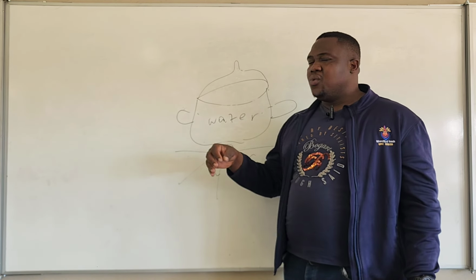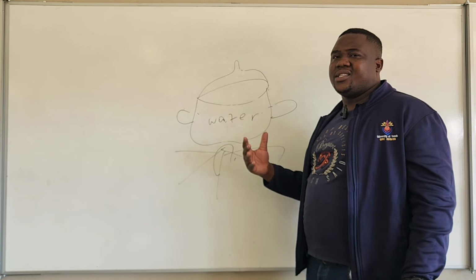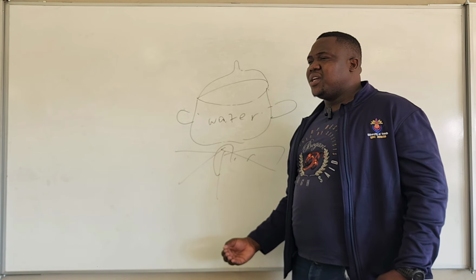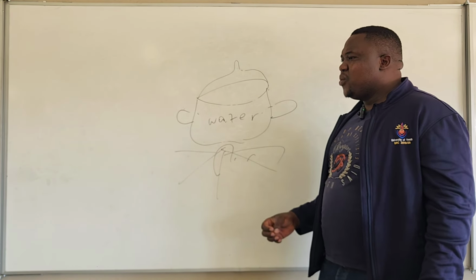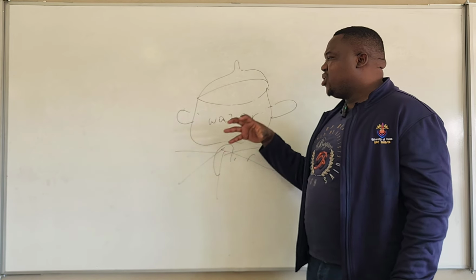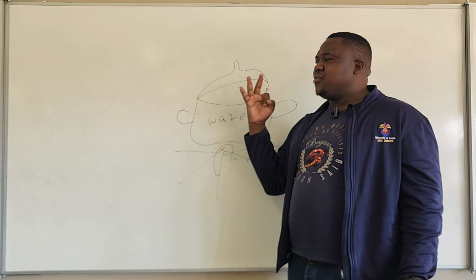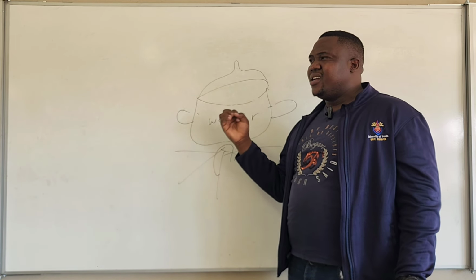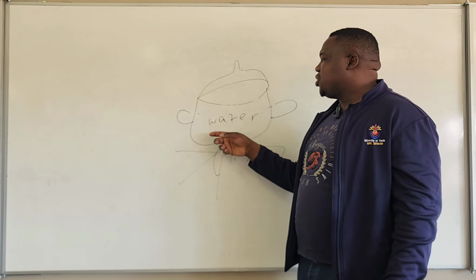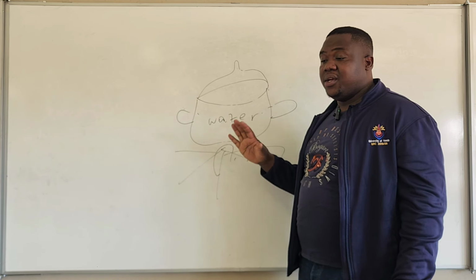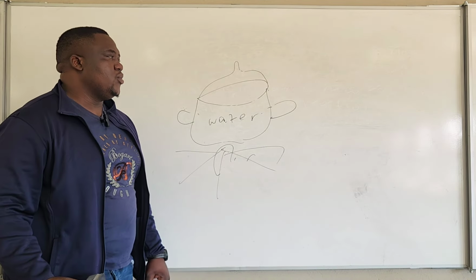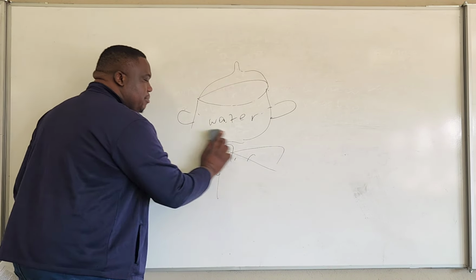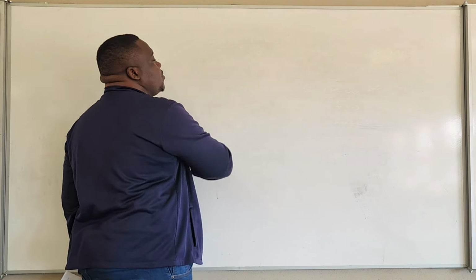So when we talk about disturbing the system, that's what we mean. Either we increase the temperature, or we lower the temperature, or we increase the concentration. When we do any of those three factors that affect the equilibrium position, it means we have disturbed equilibrium. I hope by this analogy you understand when we talk about disturbing equilibrium.